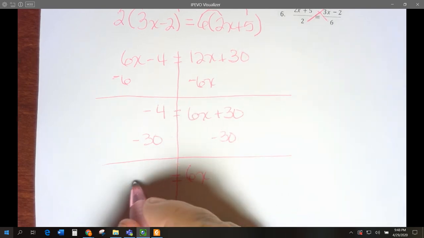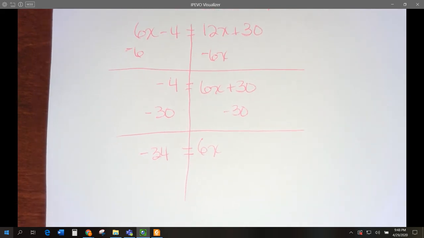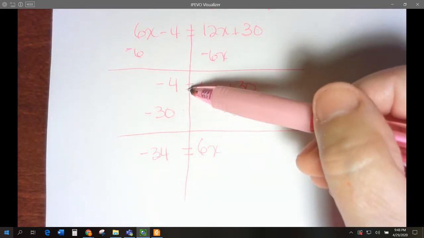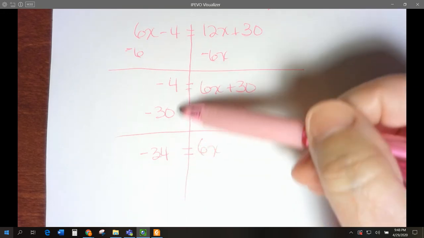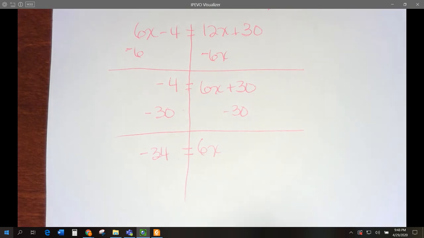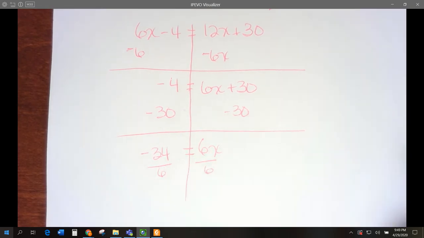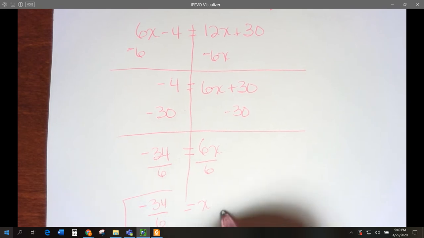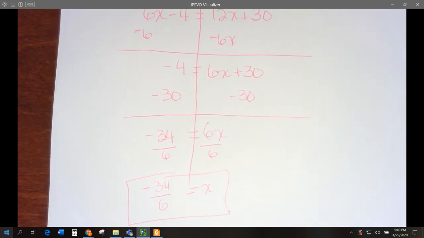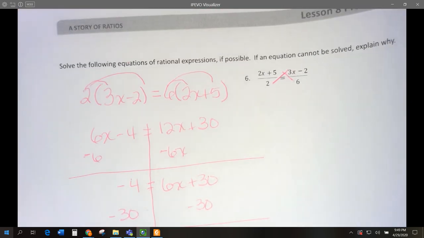So this is going to be a total of 34 negatives. Or you start at negative 4 on the number line, and you go down 30 more to get to negative 34. Now we need to divide by 6. And x is going to be a negative 34 over 6. Let's go on to number 7.